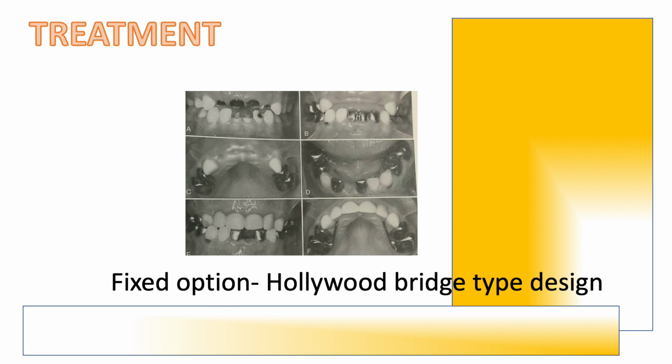Then we have artificial teeth attached to that wire, and it can be cemented onto the desired position. So this fixed option does not have the problem of getting lost or broken. Yes, it does get broken very rarely, and then it can be corrected or made again, depending on what is required.